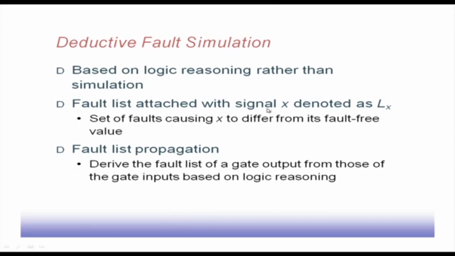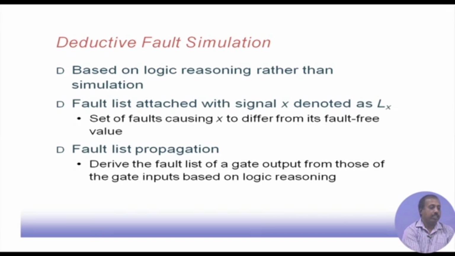So, every signal line x has a fault list Lx attached to it. What does Lx contain? It contains the set of faults causing x to differ from its fault free value. So, these are basically the faults in the circuit that could be detected if you look at point x.